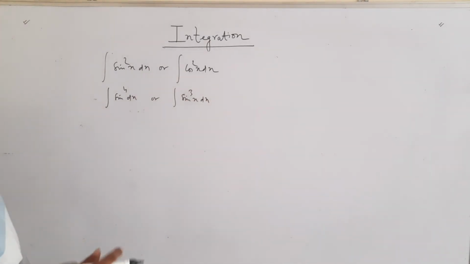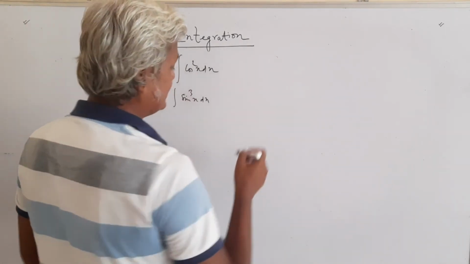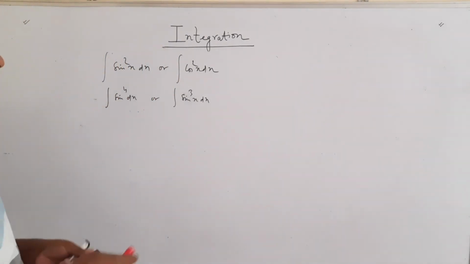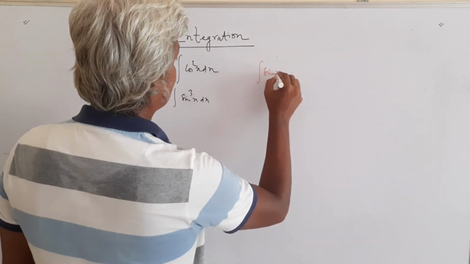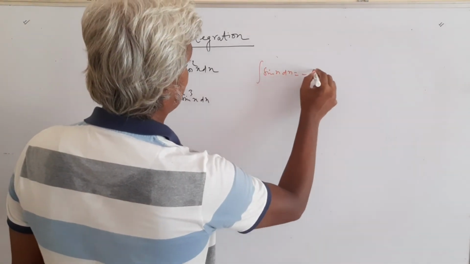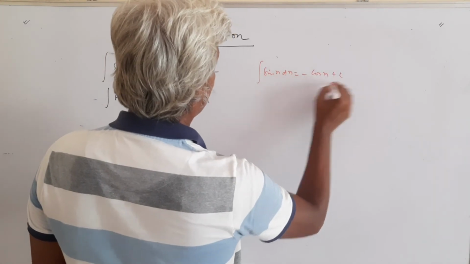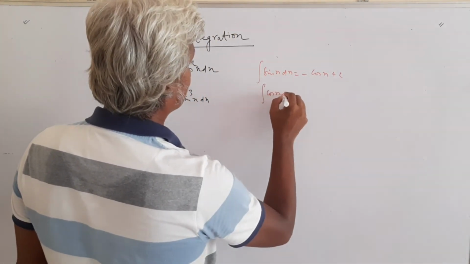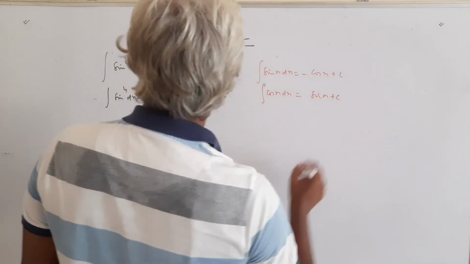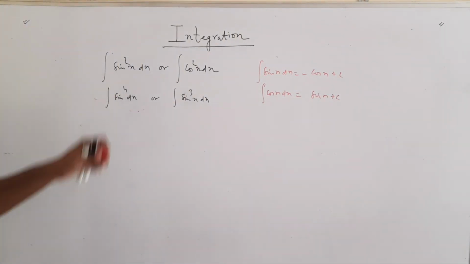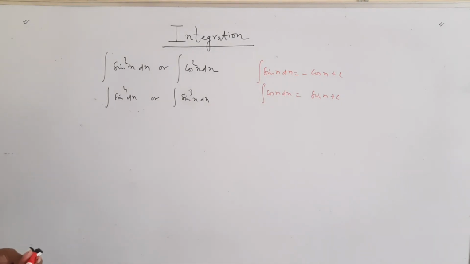We have the formulas that the integration of sine x dx is minus cos x plus c, and the integration of cos x dx is sine x plus c. But we don't have any formula for sine square x and cos square x. How can you do that?